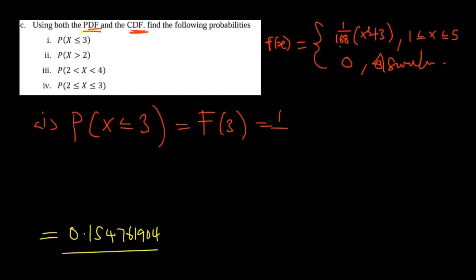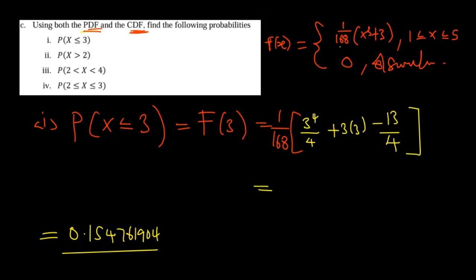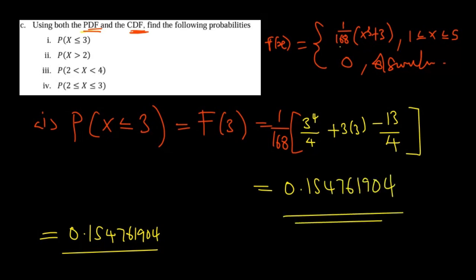So that would be 1 over 168, and then I had x to the power 4, that would be 3 to the power 4 over 4, plus 3 multiplied by 3, and then minus 13 over 4. So I just punch this onto my calculator. I'm getting 0.154761904. So you see that I get the same answer. So you can either use the CDF or the PDF to calculate these probabilities.